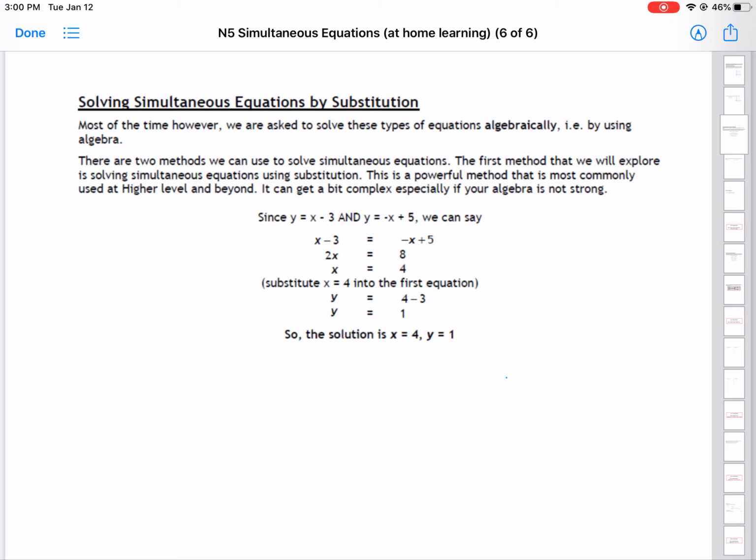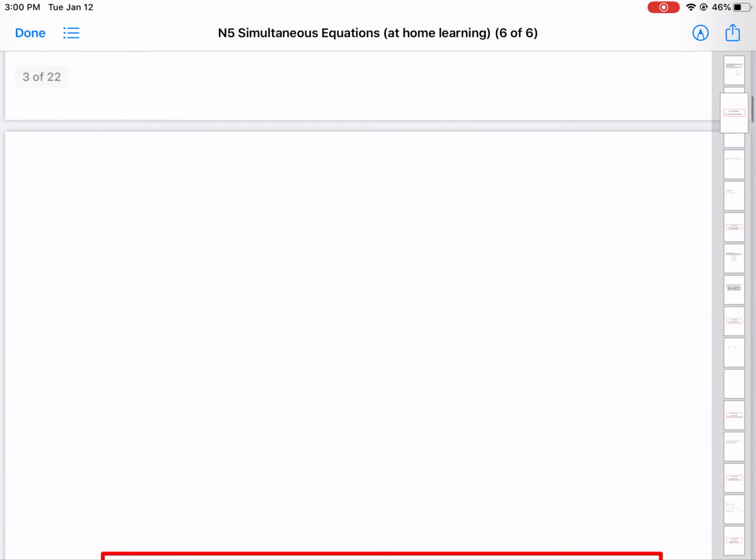So continuing on from what Mrs McInnes did with you on Tuesday, I am going to start with this question here. It's the part of the notes that is talking about solving simultaneous equations by substitution. Now, the stuff you did yesterday, it's very unlikely that you will use this.